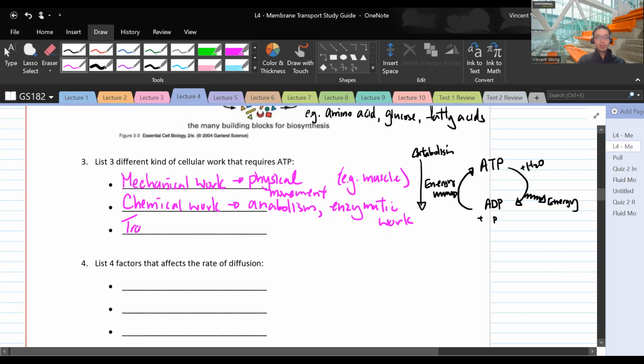And the last type of work is transport work. If you watch the lecture recording, you will know that there are two types of transport. Those that require energy, we call that active transport. Okay? More on that later.